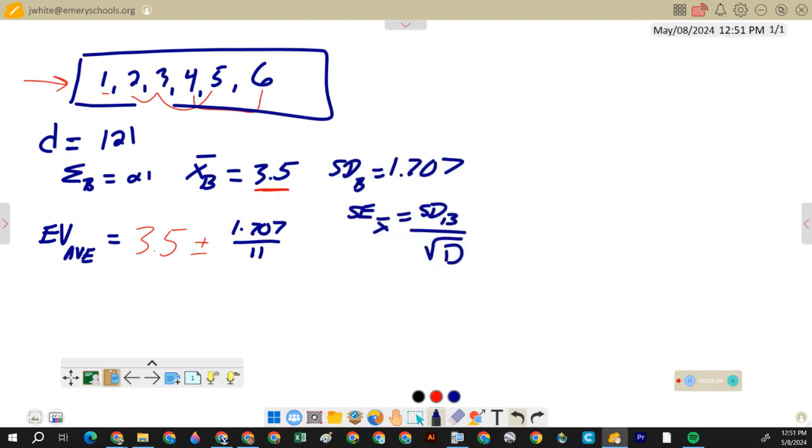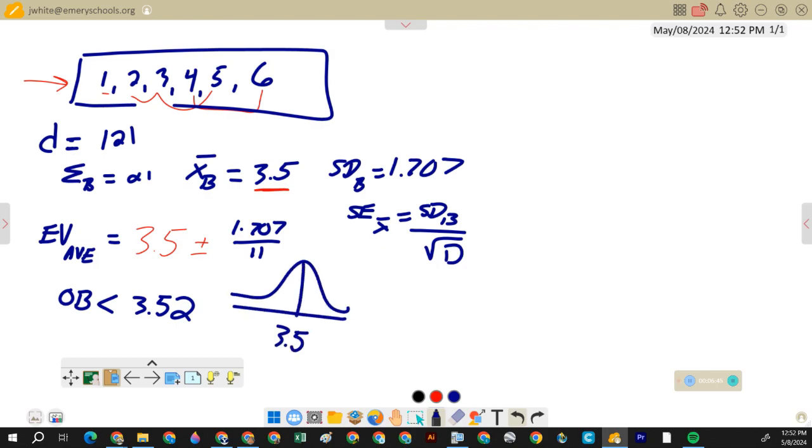So what is the probability of getting an observed value that is smaller than 3.6? Let's not do that. 3.52. So I draw my normal curve. 3.5 goes in the middle. And I'm going to draw a line at 3.52. And this is plus or minus, what was it, 0.15? 0.16.